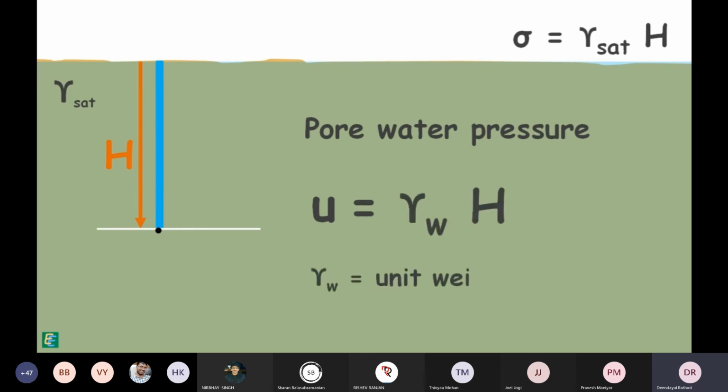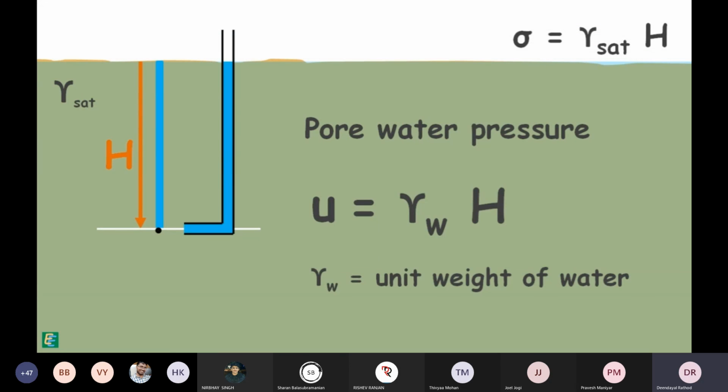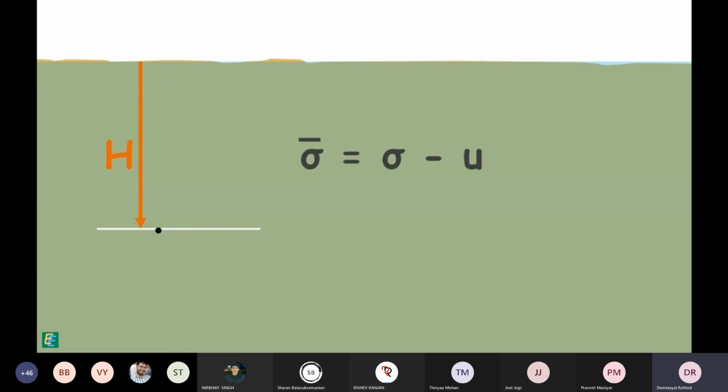Here gamma w is the unit weight of water. We will find this same pore water pressure if we insert a tube or a standpipe at this point in the soil and observe the rise of water, because water in the soil is at atmospheric pressure. The water level will be the piezometric level. Therefore, the effective stress at this point in the soil can be given as this.